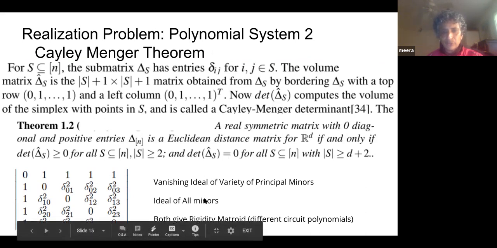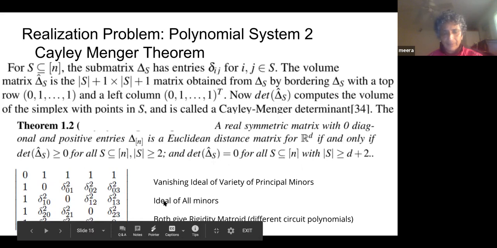Again, you can think of 2 possible ideals. I've been thinking about this quite a bit recently. So one is the vanishing ideal of the principal minors, which correspond to these determinants of the simplices, and the other is the ideal of all minors.